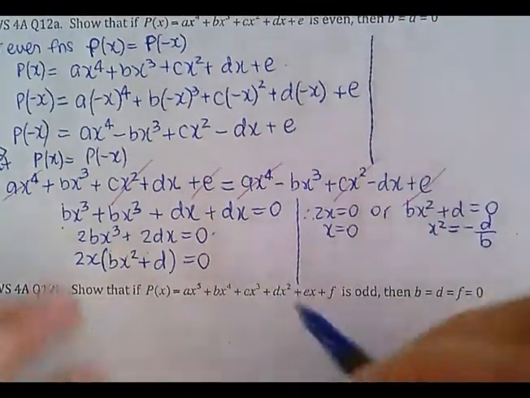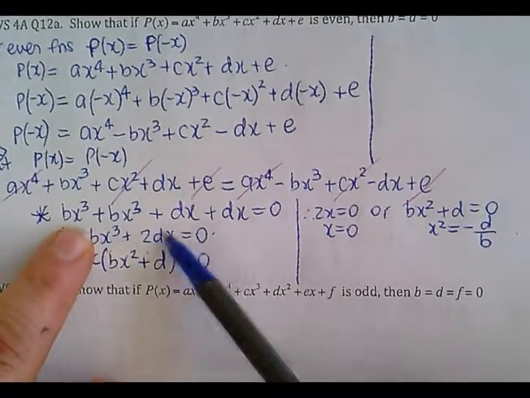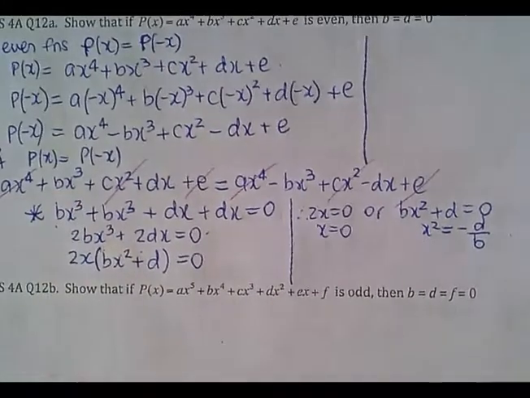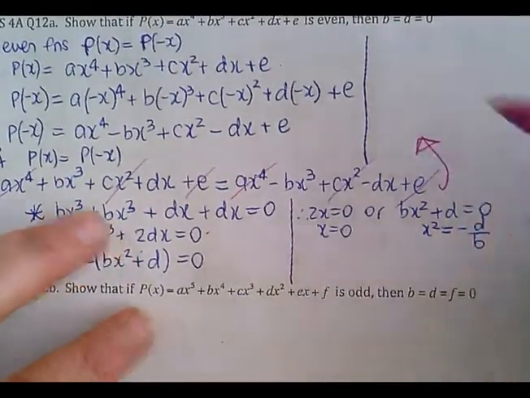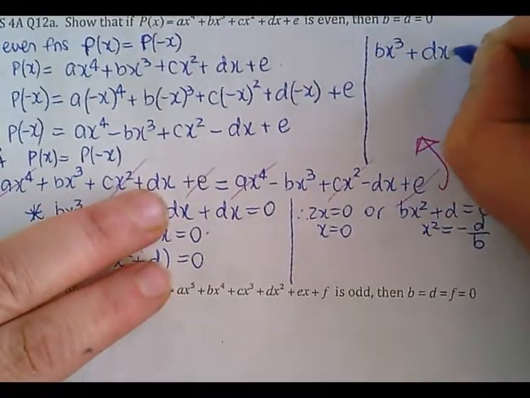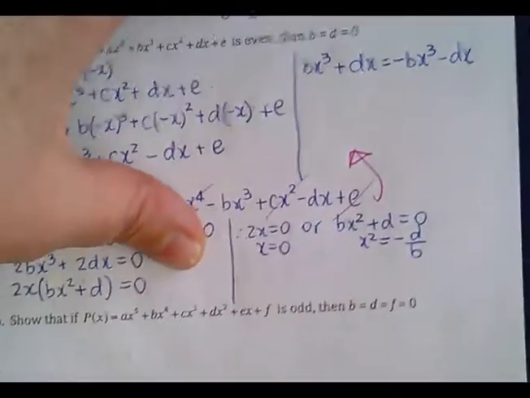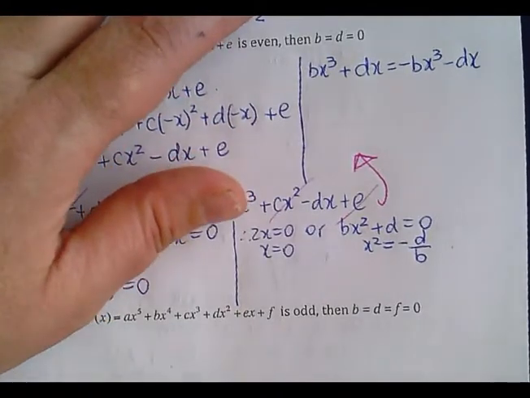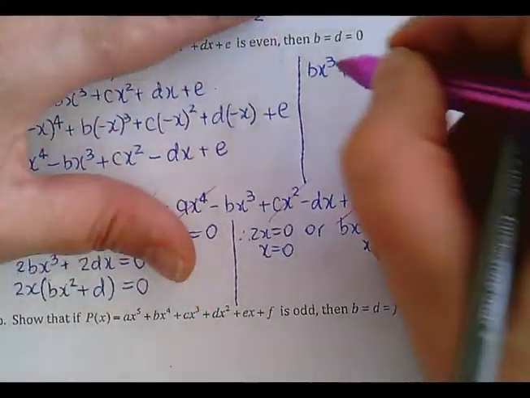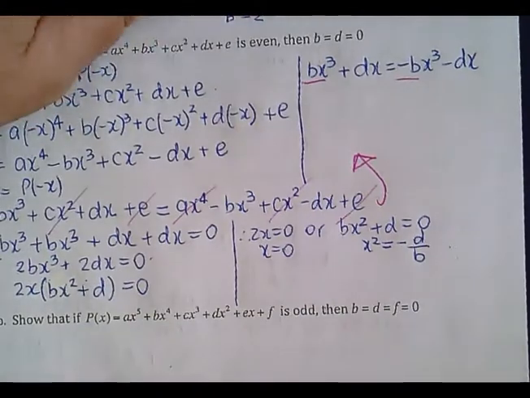What we could do is come back to where I put everything to the left and tried to solve it. My other option from there is to leave the x cubes on the left. Bx cubed plus dx equals negative bx cubed minus dx. In hindsight, I should have done it like this. Now, you know how in the question before we were comparing coefficients? Looking at the coefficient of x cubed, doesn't b have to equal negative b?